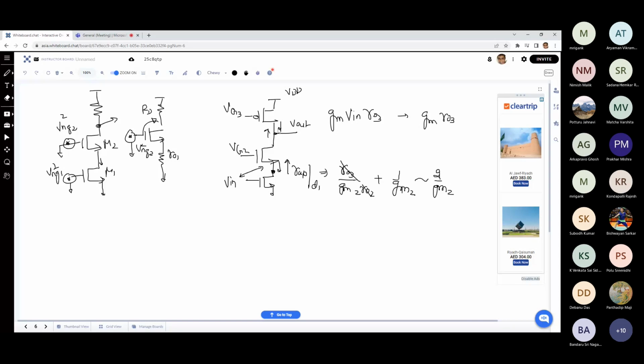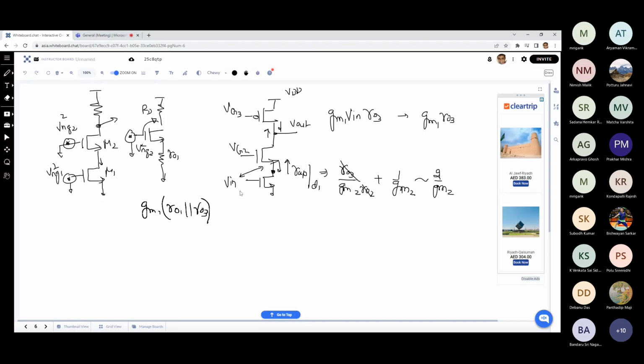If you did not have this particular cascode device, if you had only M3, what would be the gain? If you did not have M2, the gain would be gm times RO1 parallel RO3.